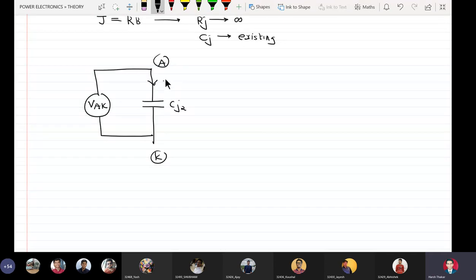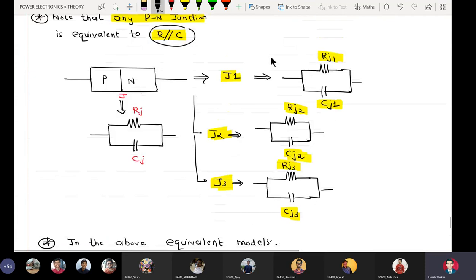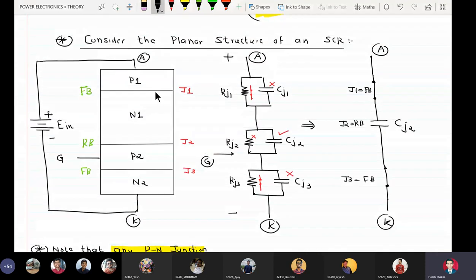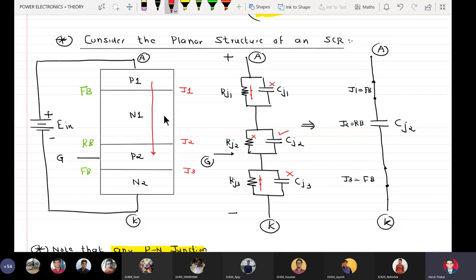Now, naturally we are defining the current flowing through the device. The current flowing through the device is denoted as IA, that means this current. So current flows here, that means the current flowing through the device is nothing but also the current flowing through the capacitor.